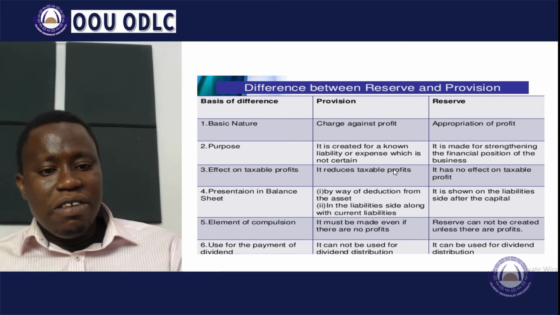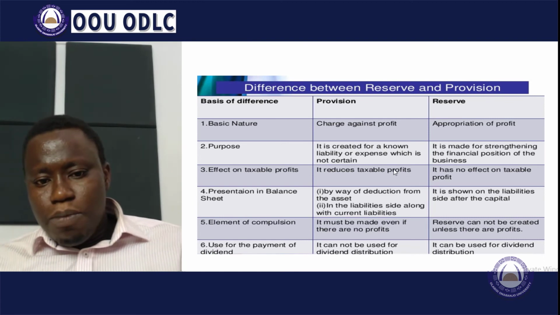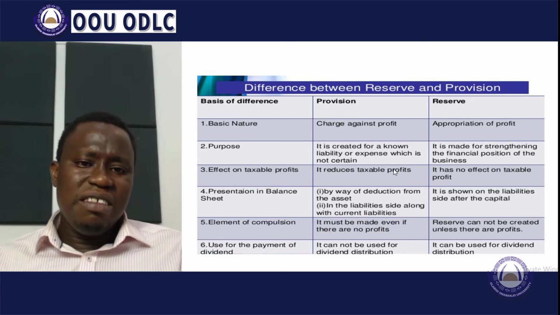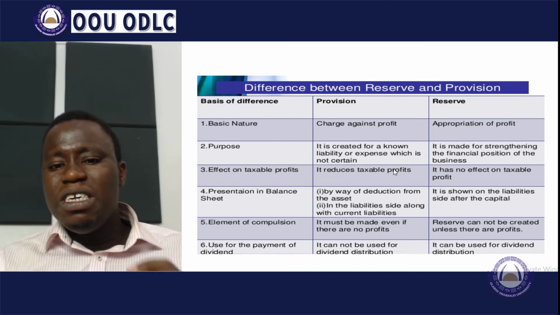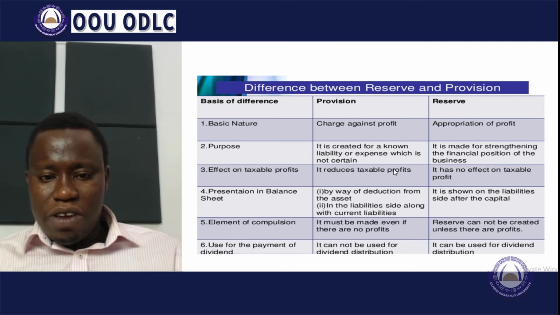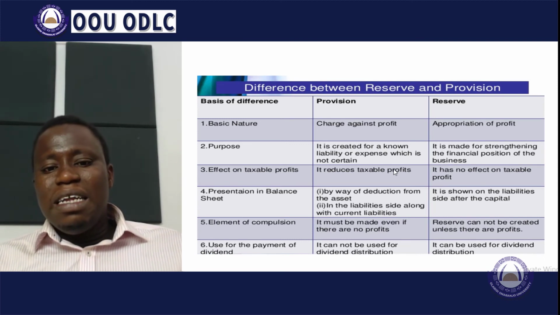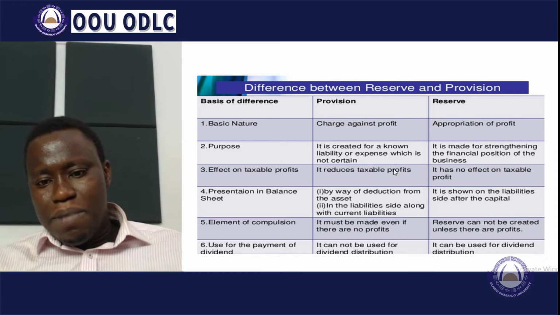Another difference is seen in the presentation in the balance sheet. Provision is presented by way of reduction from the asset. For instance, your provision for depreciation is deducted from the asset, and in the liabilities side alongside current liabilities.